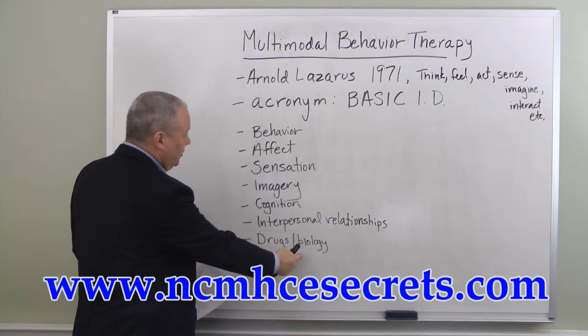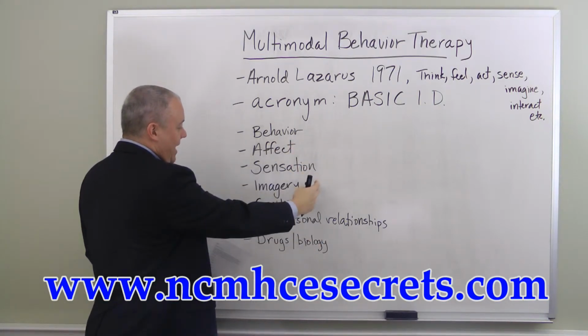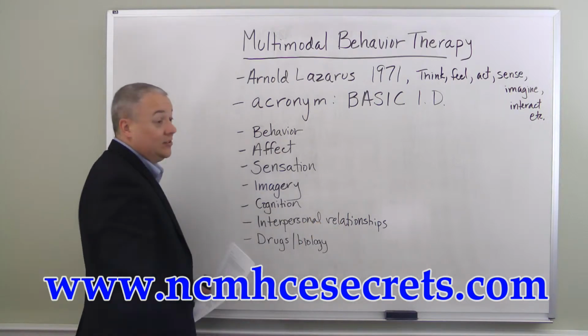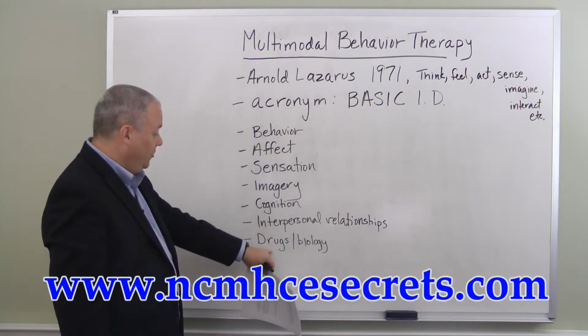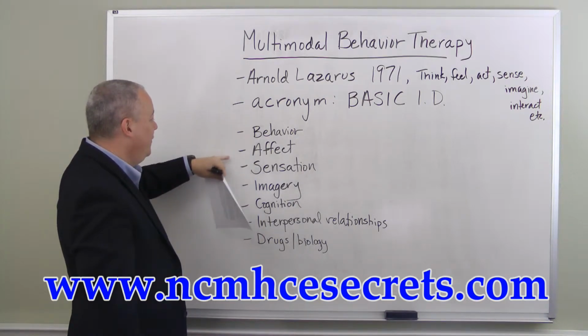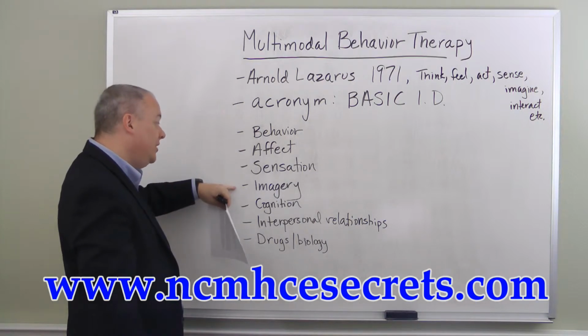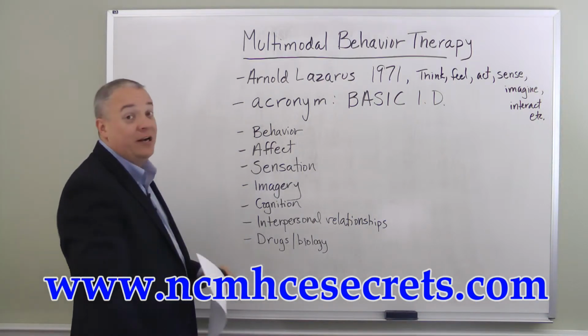So you are a biological being that acts and feels and senses and imagines and thinks and interacts. And some things affect you on the biological level. Some things are interacting with your behavior, with the way you feel, with the way you receive information about the world, with the way you imagine things, with the way you think, with the way you interact with others.